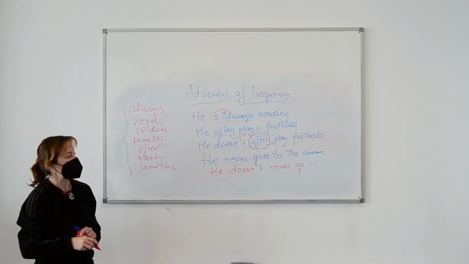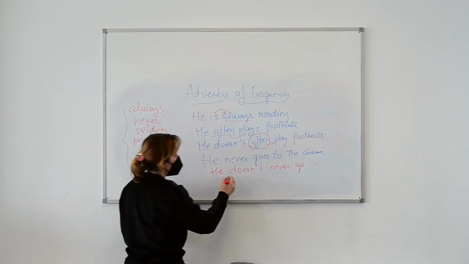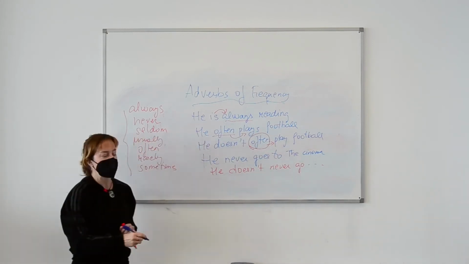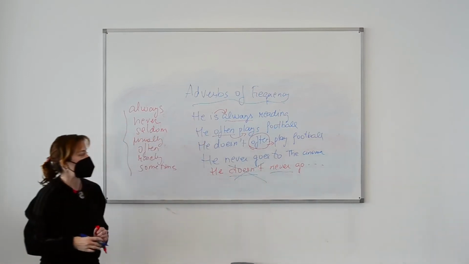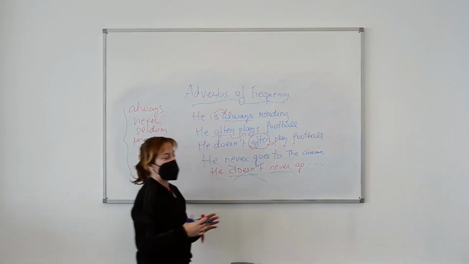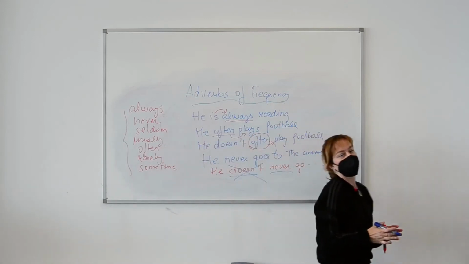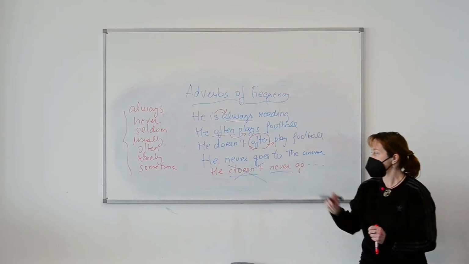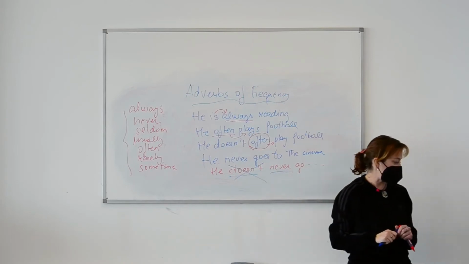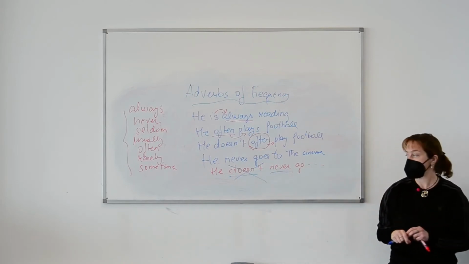It's a very common mistake, but it is not possible because in English double negation is not possible. Never has a negative meaning, and therefore we don't add an auxiliary with the adverb never. This negation is not possible.